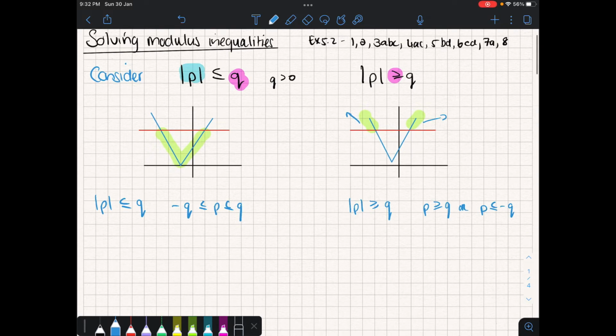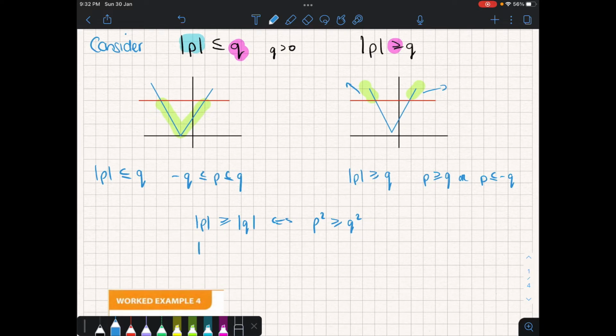Now there are one or two other rules that we can use, which we've actually already looked at when solving modular equations. If we have some modular function and we want to find out when it is greater than or equal to another modular function, we can say this is equivalent, just like with the equations, to saying p squared must be greater than or equal to q squared.